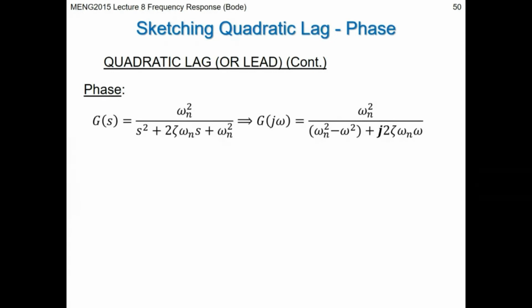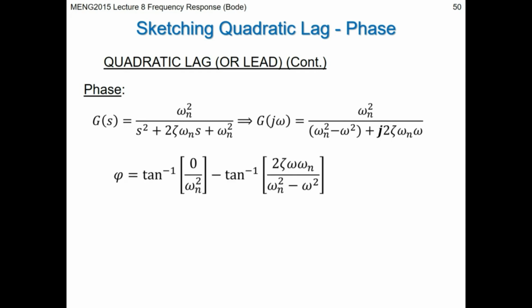So for our phase, we substitute s equals j omega again, and now we're using our expression for the phase: inverse tan of the imaginary over the real of the numerator, minus inverse tan of the imaginary over the real of the denominator. Now, of course, there's no imaginary part in the numerator, so there's a 0 in this inverse tangent.